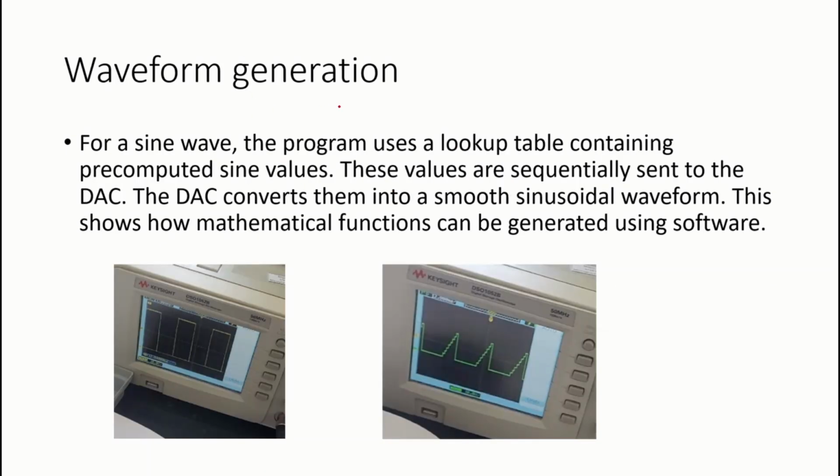And for a sine wave, as you can guess, we need to generate a lookup table, which the program can use to map to and finally generate a sine wave, because a sine wave doesn't look as simple as a ramp or a square waveform. So we need lookup tables for generating a sine wave.